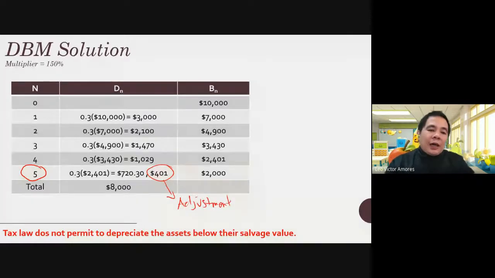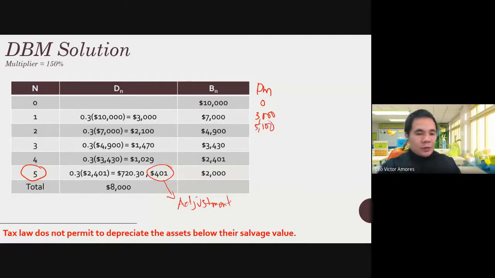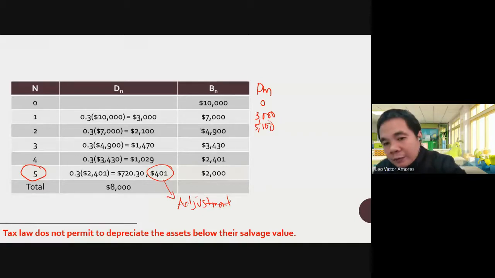Usually, the adjustment happens on the last 2 years or on the last year of the depreciation period, or its service life. Okay, so I'll compute the DM or the accumulated depreciation. This is 0, this is 3,000, this is 5,100, this is 516570 plus 1,029,7,599 plus 401, this is 8,000.